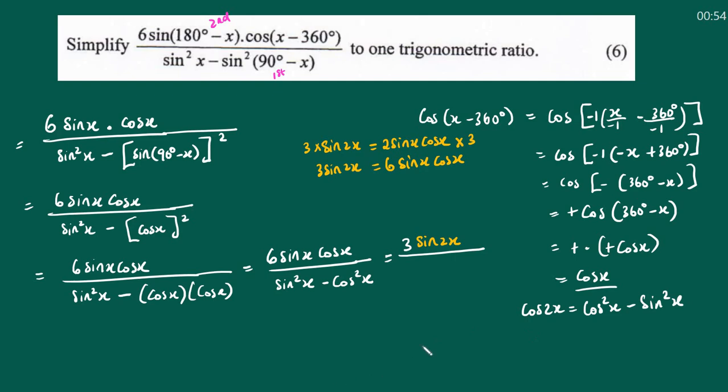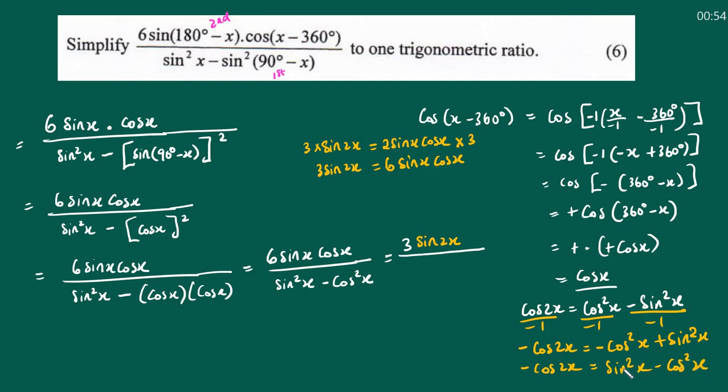Then, if you remember what I said we do, we divide by a -1 throughout. When you do that, you're going to have a negative cos 2x being equal to negative cos squared x plus sine squared x. So a negative cos 2x would be equal to sine squared x minus cos squared x. Now this and that are exactly the same.